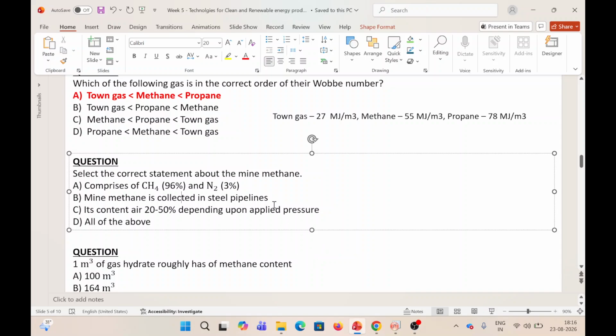Okay, this is fine. This is one option. So you say option A and option C is wrong. So the correct statement is mine methane is collected in steel pipelines only.